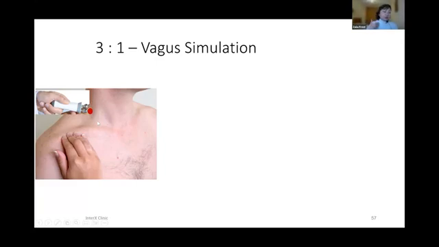It's really close to the surface here. And so when you stimulate the vagus, then you get relaxation, huge relaxation. So this technique is used for muscular relaxation, retraining, and range of motions.